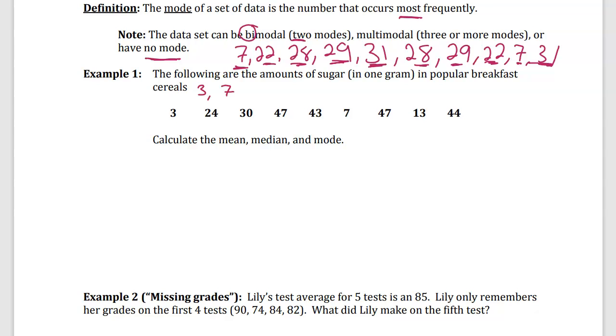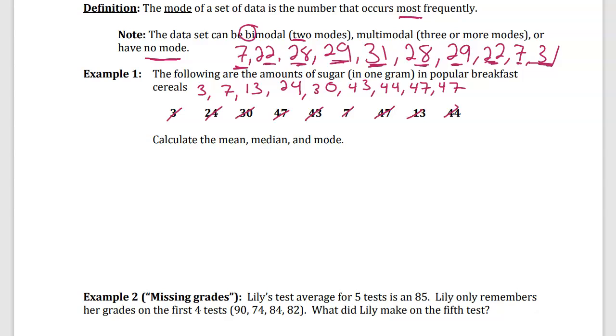So I have a 3, a 7, I have a 13, then I have a 24, I have a 30, I have a 43, a 44, and then I have 47 and 47.